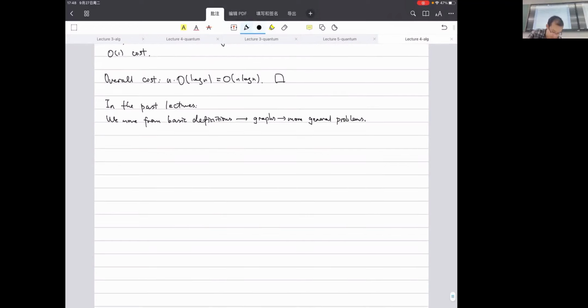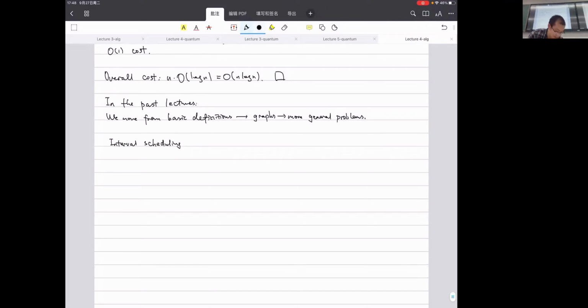So in particular, today we are talking about interval scheduling. And on the other hand, we also talk about Huffman codes. So basically, these are very basic toy example cases for very important directions, for instance, scheduling and also data compression.